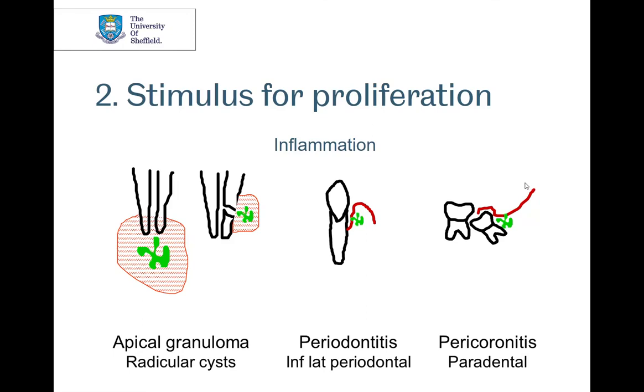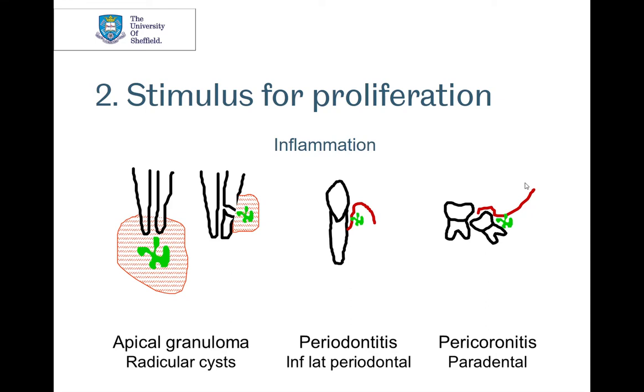What is the stimulus for proliferation? Now, if you remember back to the lecture on periapical granulomas, as the periapical granuloma develops, it is a ball of granulation tissue. Within that, there are lots of inflammatory cells. There are lots of inflammatory mediators and cytokines and growth factors involved in the development of that. And these will all act upon the epithelium if it is present.